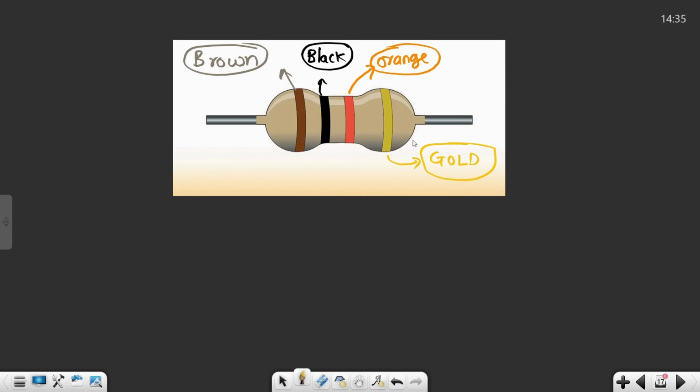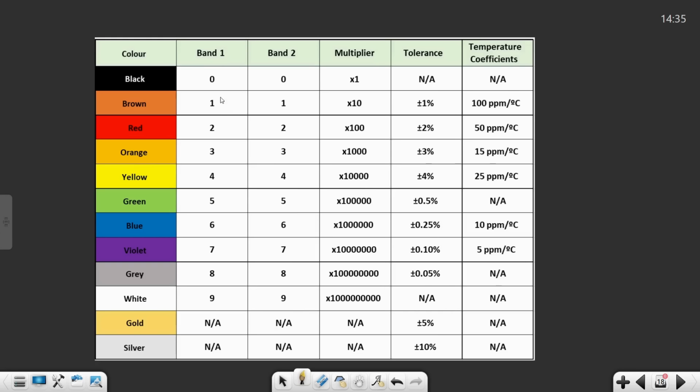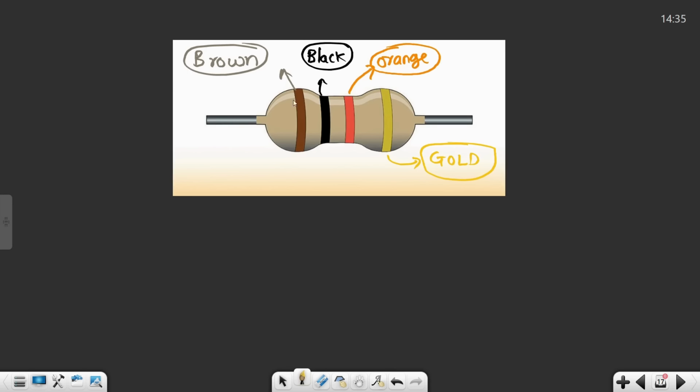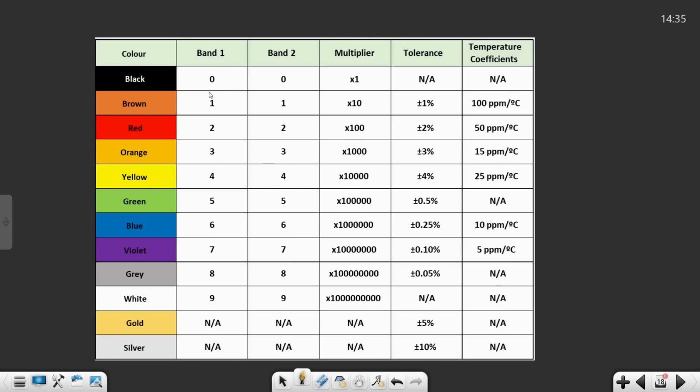So we have identified these 4 colors, right? Now we need to put the values for that respective color. So now let's say if I take brown over here. For brown we have 1, 1, 10 and plus or minus 1%. We have these 4 values.